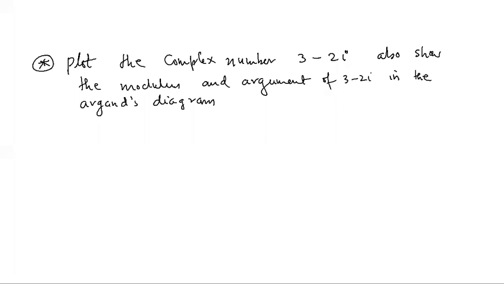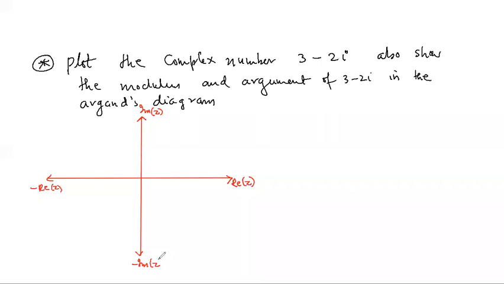So I'm just plotting now. Usually this comes for 2 marks. Plot the real z, imaginary z. This is negative real z, negative imaginary z. Z means complex number. Your complex number z is 3 minus 2i.